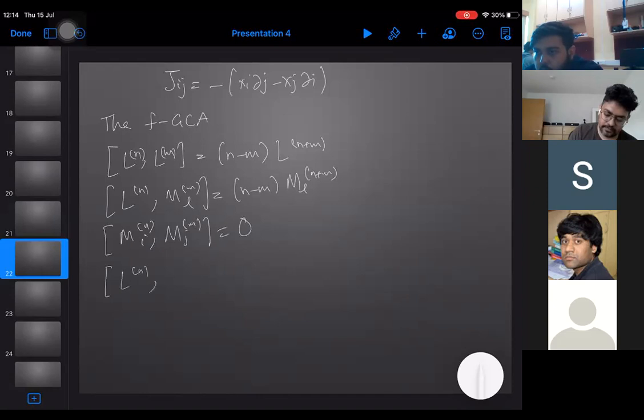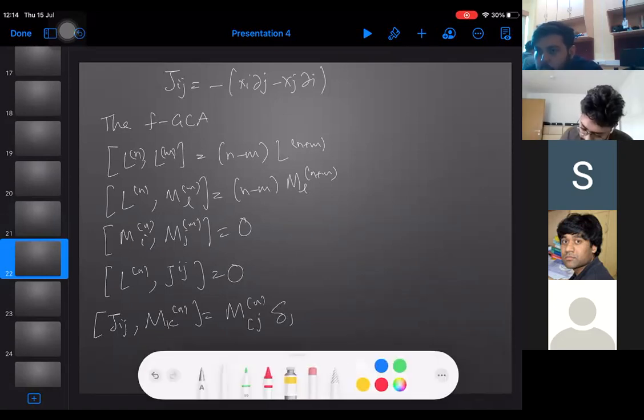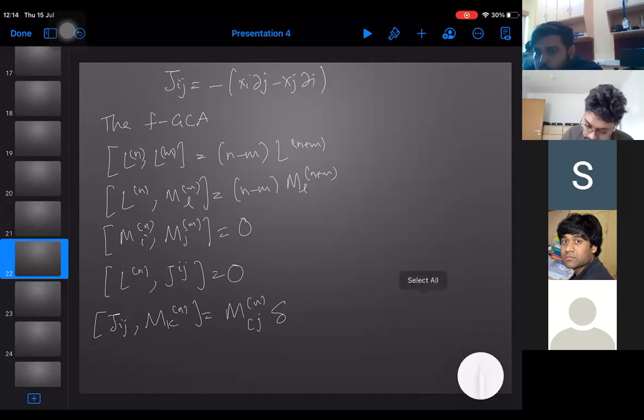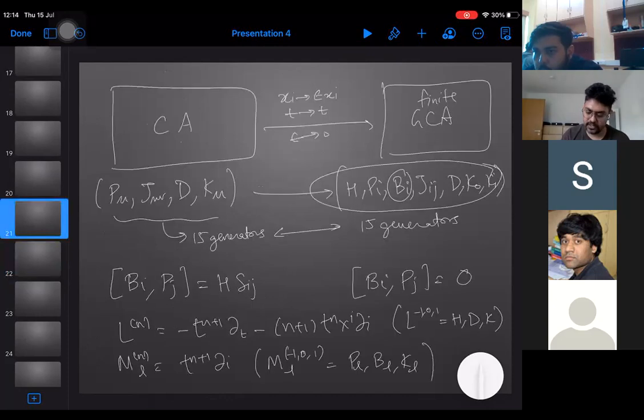Similarly, M N is just given by this. So this is the algebra which you get if you take these generators.